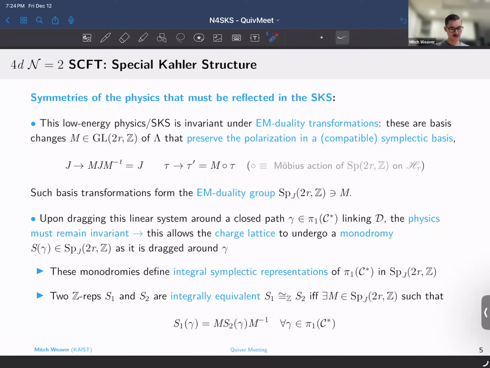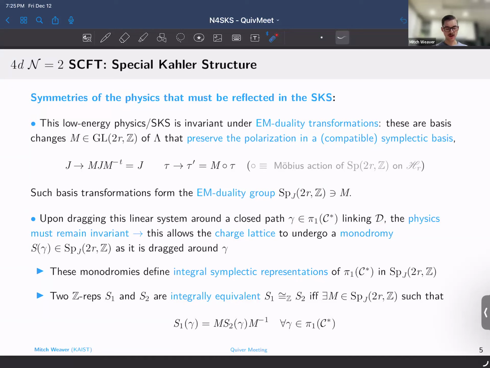And an important physical aspect here, really one of the key features of what's going on in the Coulomb branch, is the following. If we drag this linear system around a closed path, call it gamma, which links some component of the discriminant locus, we're coming back to ourselves. We're on a closed path, so the physics must remain invariant.